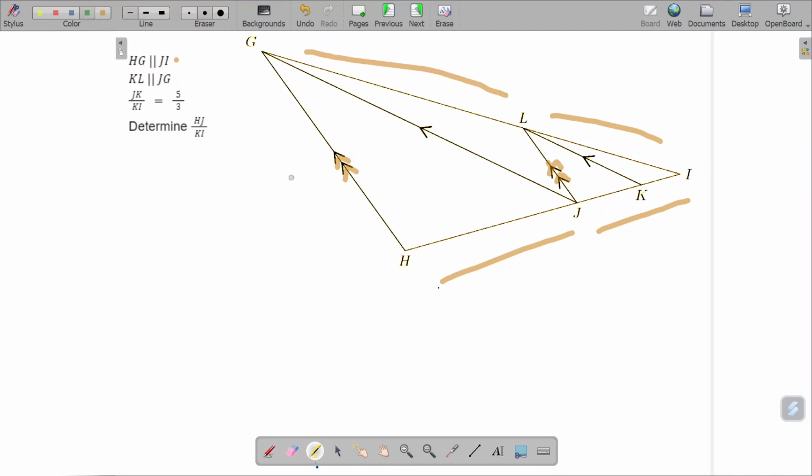They also told me that KL is parallel to JG. So these are parallel. And so that tells me that this piece with regard to that piece is equal to that piece with regard to that piece.